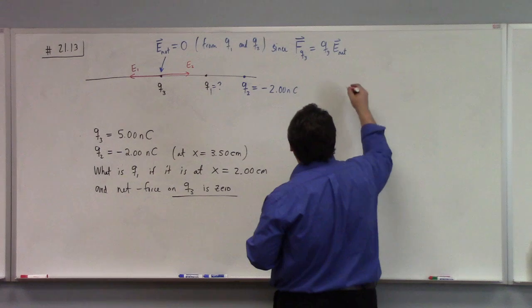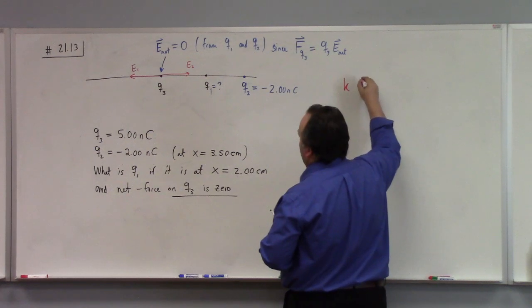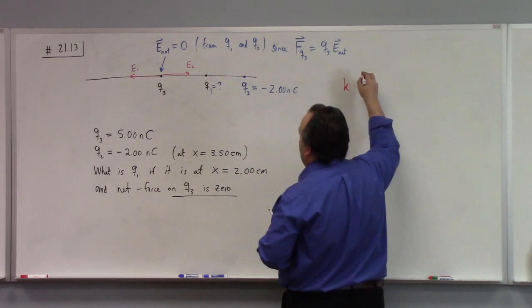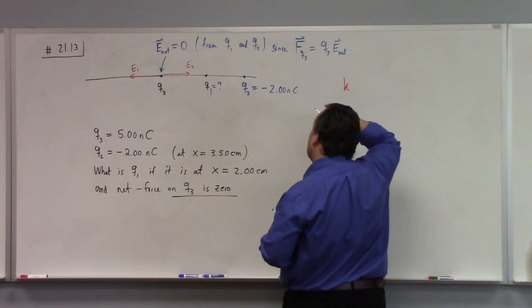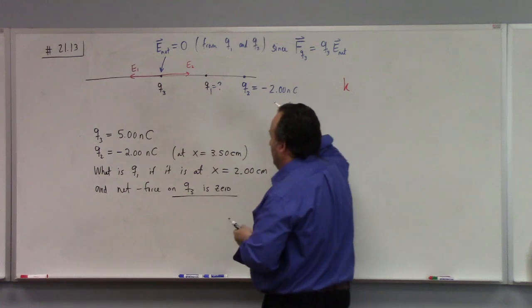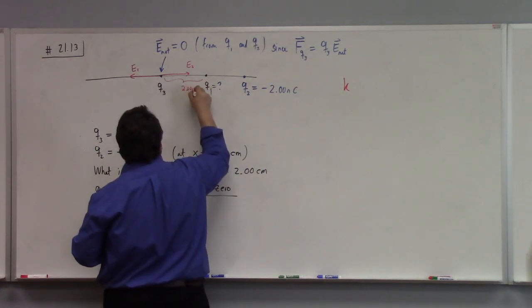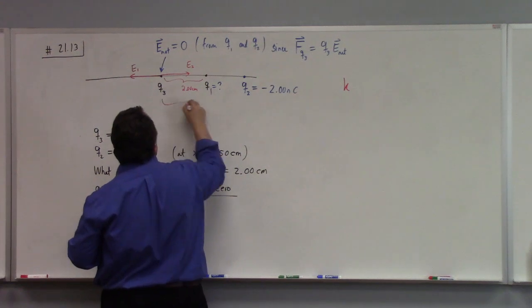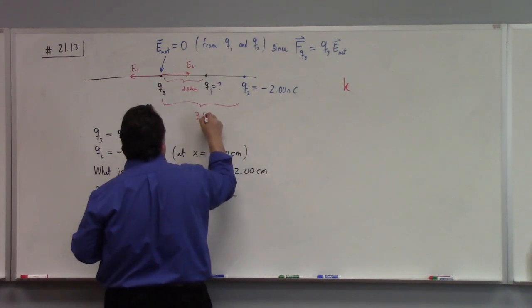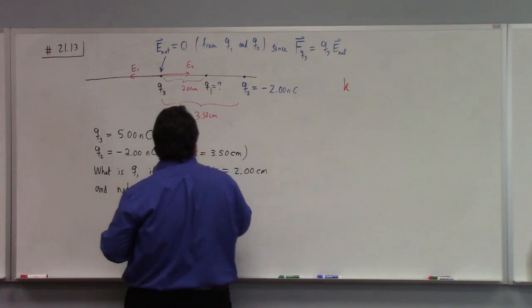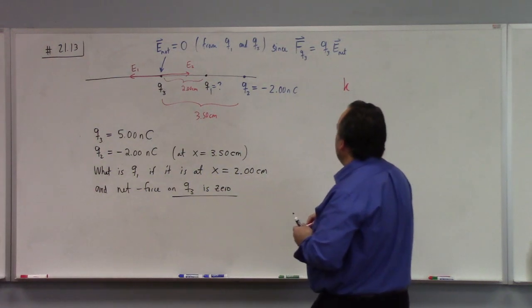Okay, so here we go. What we'll write is we've got K, and I probably should put the distances up here. This is 2, and then it's 1.5 or 2.5. Yeah, 3.5, like that. Let me think through here.